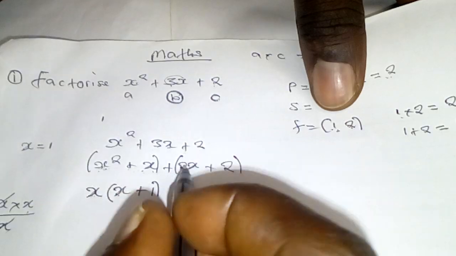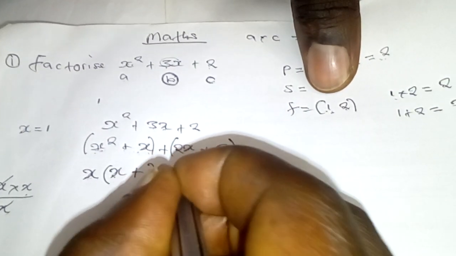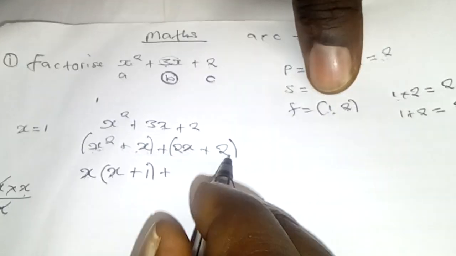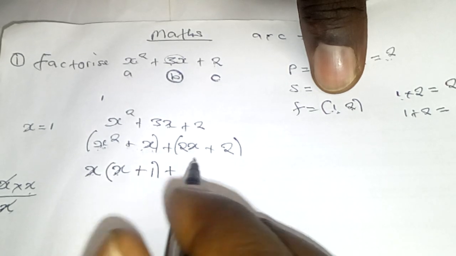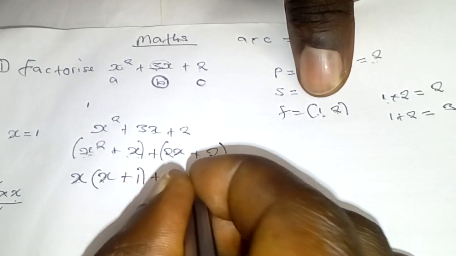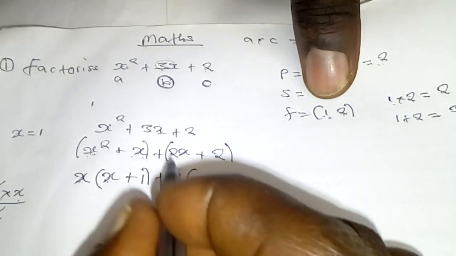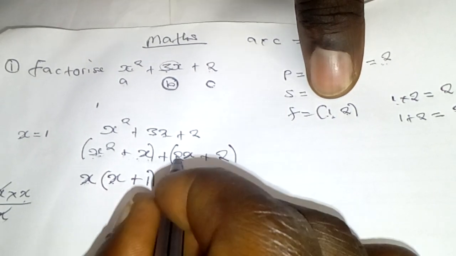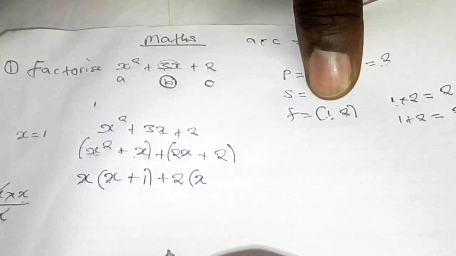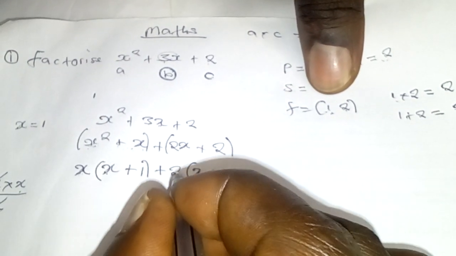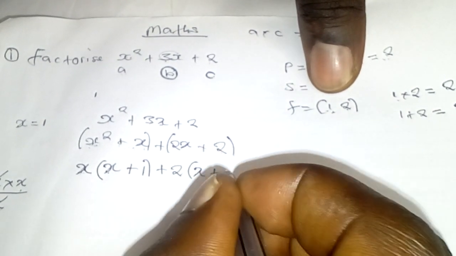Let's now proceed to this side. What is common here in 2x plus 2? 2 is common. 2 is found on both sides of the expression. So I'm going to write a 2, open the brackets there. Now begin to divide. 2 into 2 is a 1. 1 times x is x there. Then plus 2 into 2 is a 1.